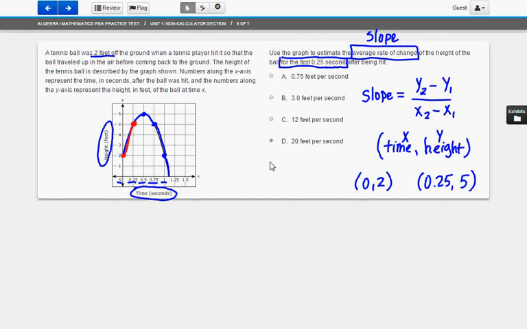And I've shown in my classes that to find the slope when we have 2 ordered pairs, we can take y2 minus y1 over x2 minus x1.